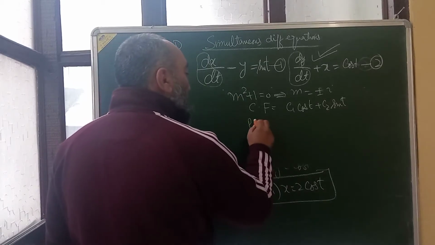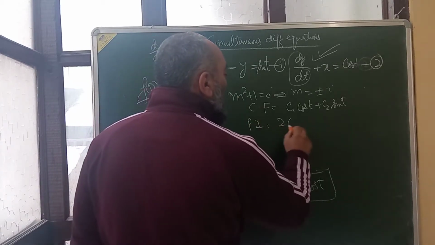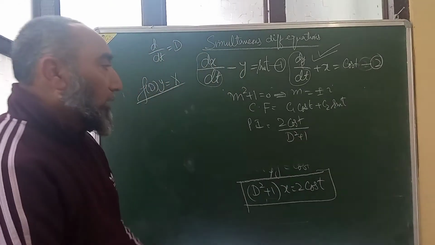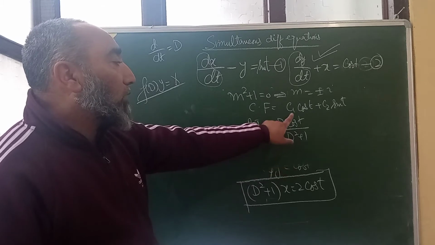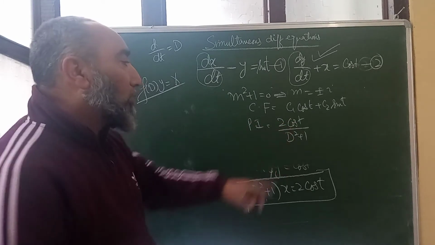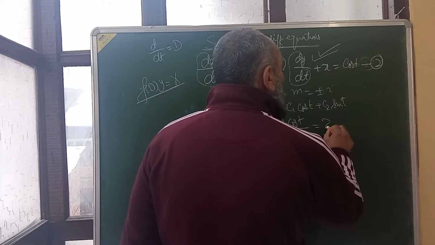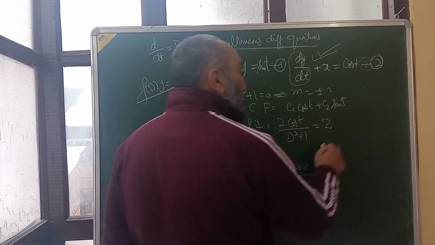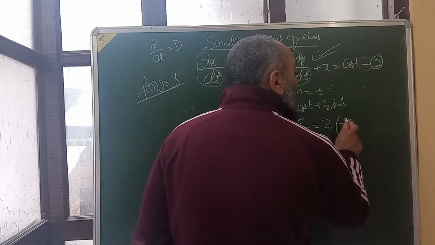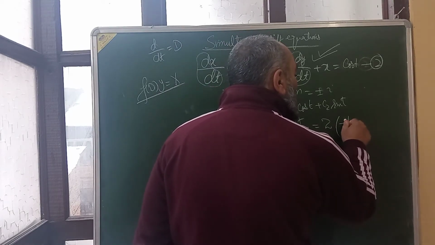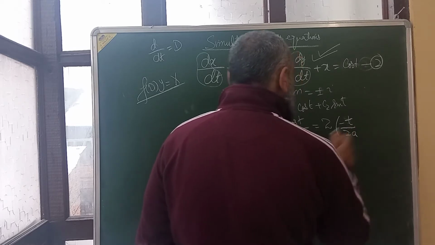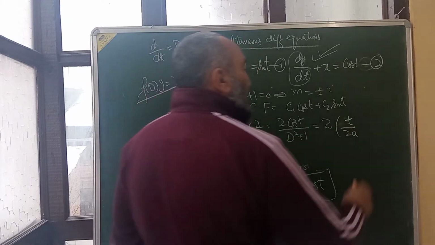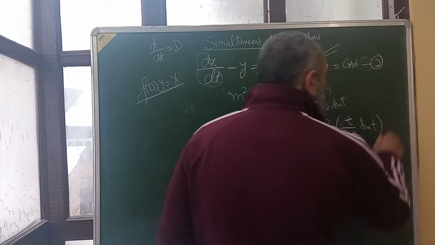Particular integral: right hand side 2 cos t upon D square plus 1. Now see, this is a case of failure, because in this case you have to replace D square by minus a square. So 2 as it is, cos t upon D square plus a square is minus x by 2a, but instead of x it is t, and cos becomes sine.